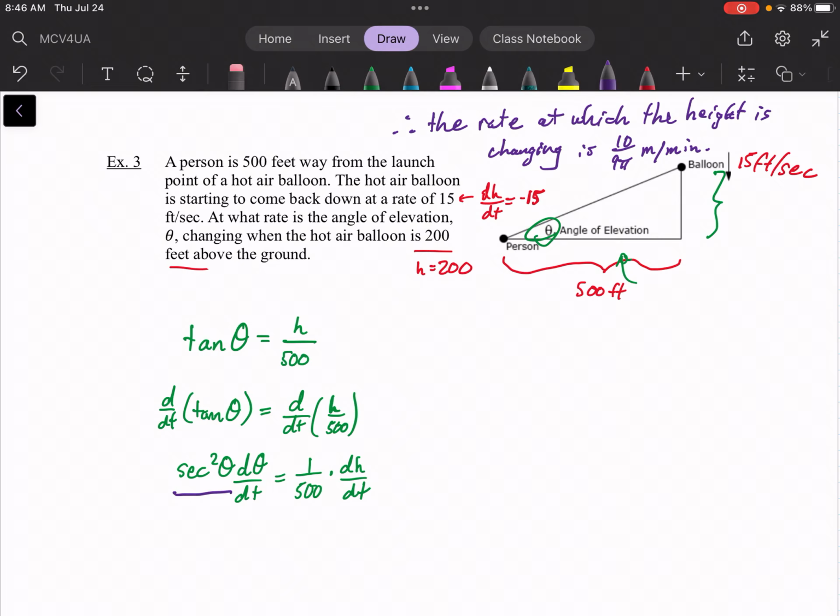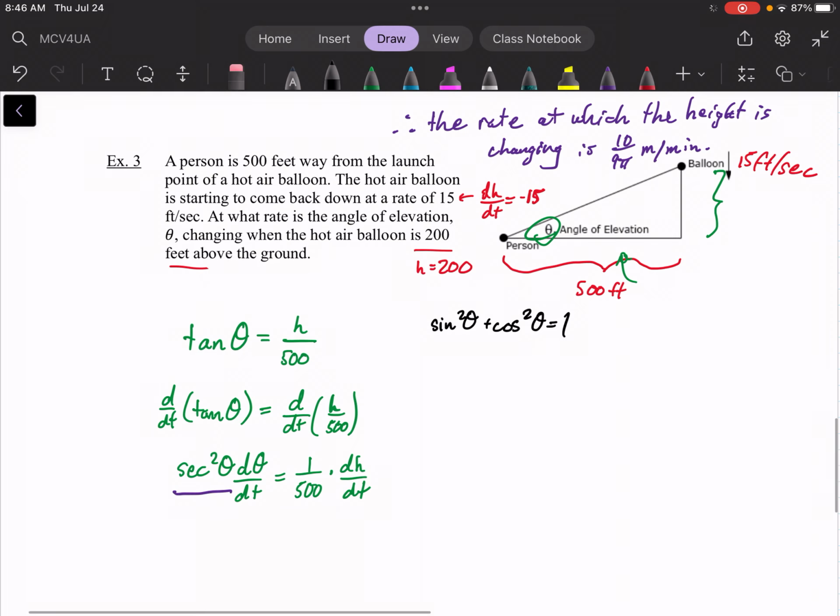I don't know what secant theta or secant squared theta is in this expression at all. So, remember, sine squared theta plus cosine squared theta is equal to 1. If we divide everything by cosine squared theta, I get tan squared theta plus 1 is equal to secant squared theta. So now I have a relationship between secant and tan.